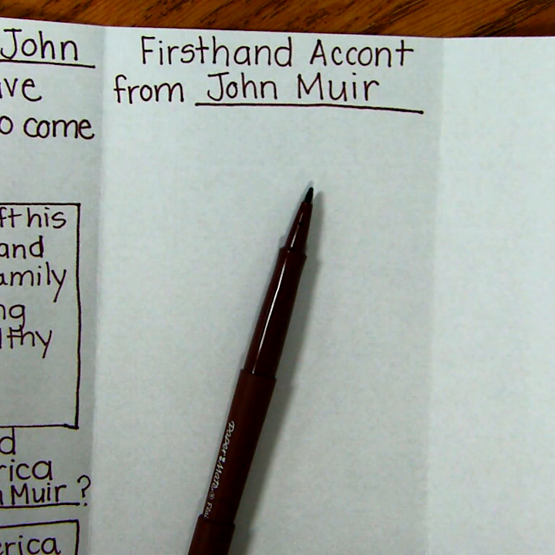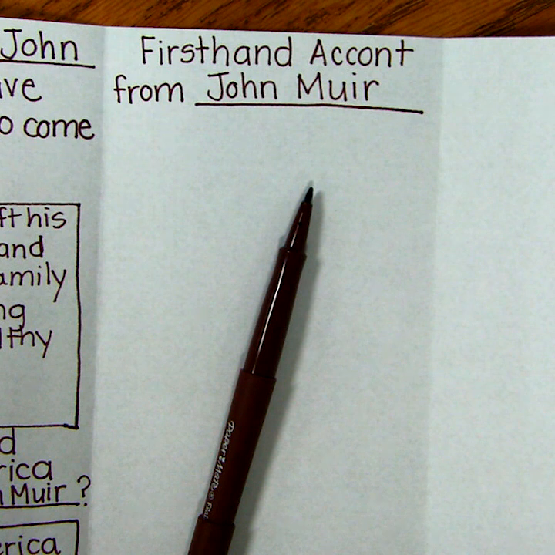I also remember hearing that their destination changed slightly. They were planning on going to Canada, but then when his dad learned about the rich soil over in Wisconsin, they decided that would be their final destination. Now I've got a lot of information I can use from that second-hand account, and our job today is to turn that into a first-hand account.